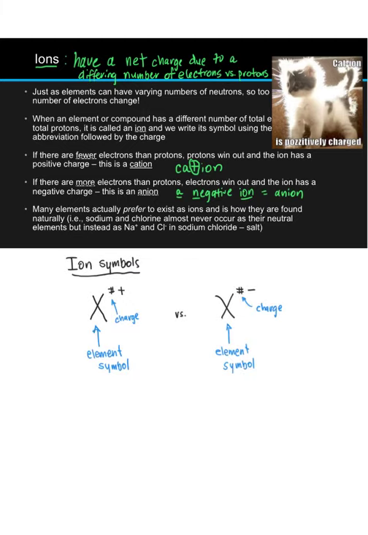In these two shorthands, X is our element symbol. We'll have a numerical value for our charge, and we'll have either a positive sign or a negative sign, depending upon whether we have lost electrons and formed a cation, or gained electrons and formed an anion.